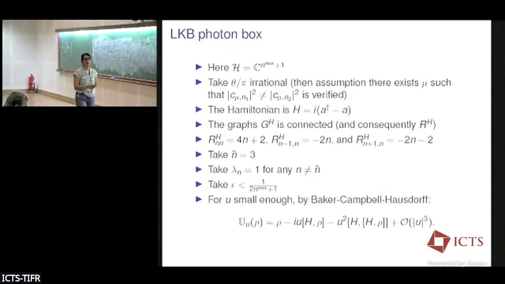And you can go from any n1 to any n2. And we take n bar equal to 3, lambda n positive for any n different from n bar. And epsilon is less than this, in order to satisfy the assumption I mentioned, that epsilon should not be too large. You need epsilon to be small. And okay, so this is good.